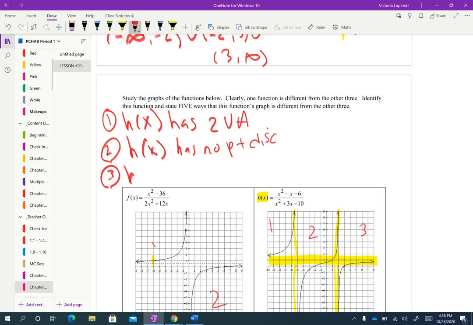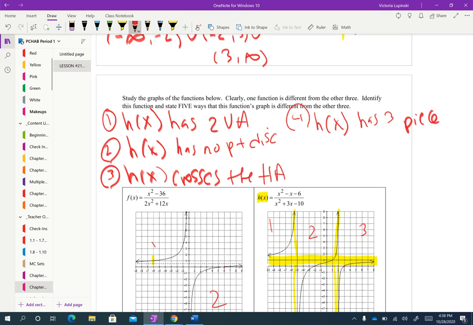The third thing is h of x crosses the horizontal asymptote, which I'm going to call an HA for short. H of x has 3 pieces compared to the other functions that only have 2. And then finally, h of x has 2 zeros compared to the fact that the other ones all just have 1.